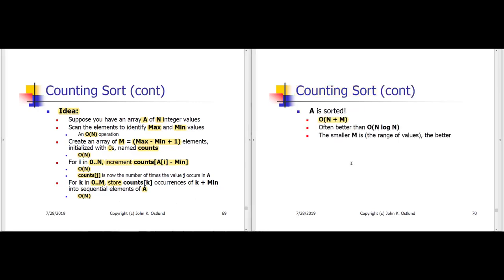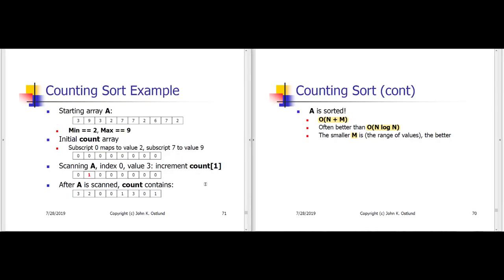Okay, so we have succeeded in sorting A in time proportional to the sum of n plus m, and very often this is better than the n log n performance that we would get from Quicksort or from merge sort. And in fact, the narrower the range of values is that we have in our input array A, the better the counting sort works.